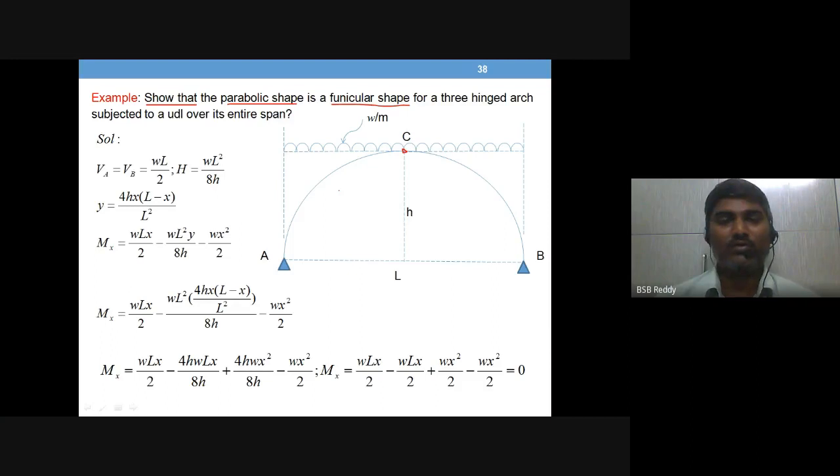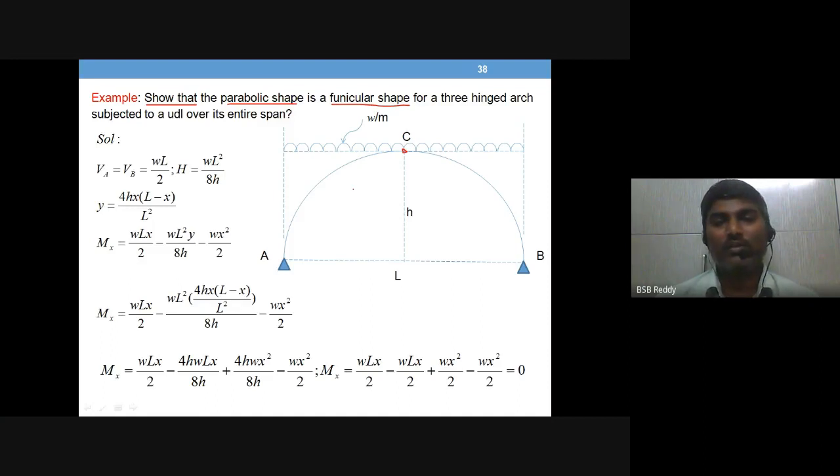So what do you do now? You take a section anywhere in the arch, write the Mx equation. If you can prove that Mx is 0, means for any value of x, bending moment is 0, then the statement is proved. This is what we need to do.